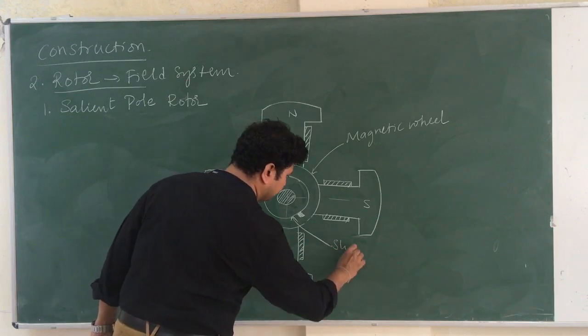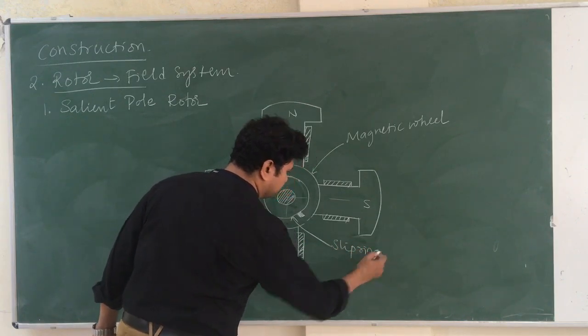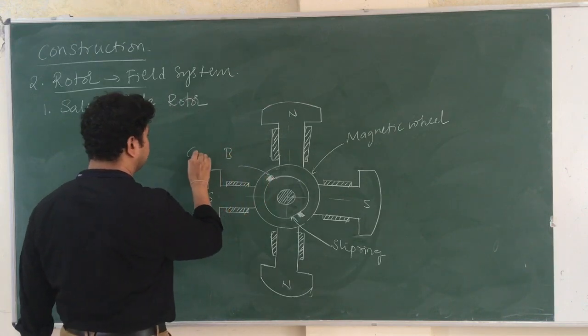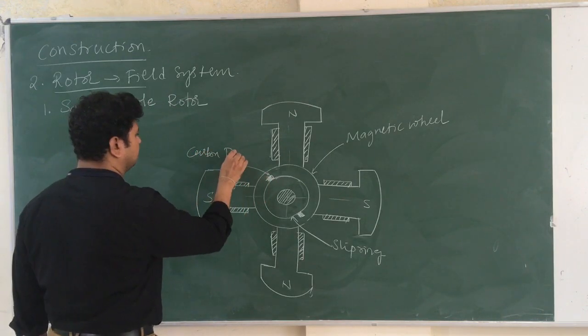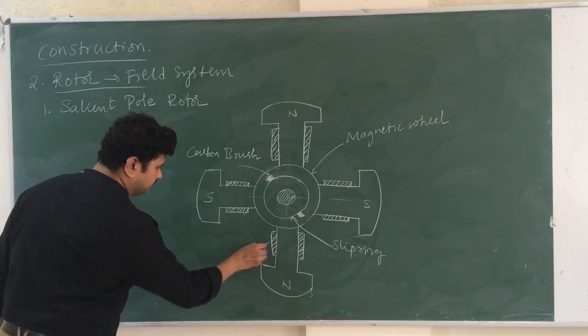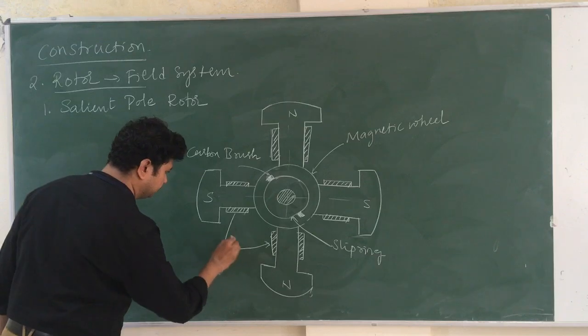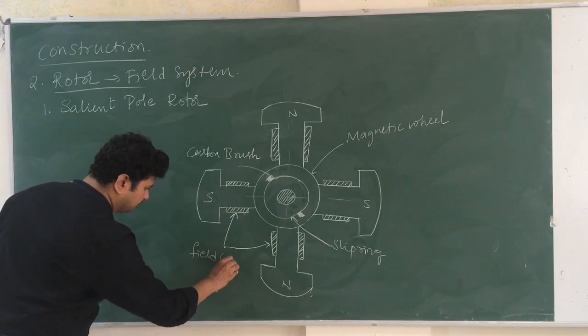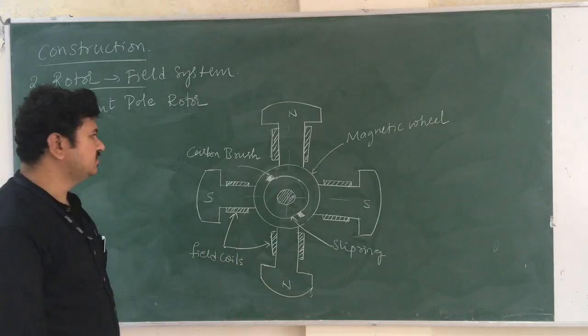This is the slip ring. This is the carbon brush. These are the field coils.